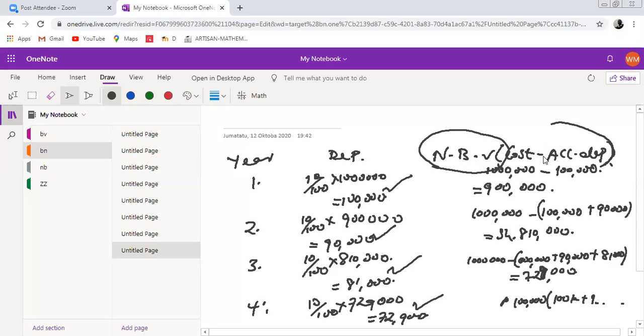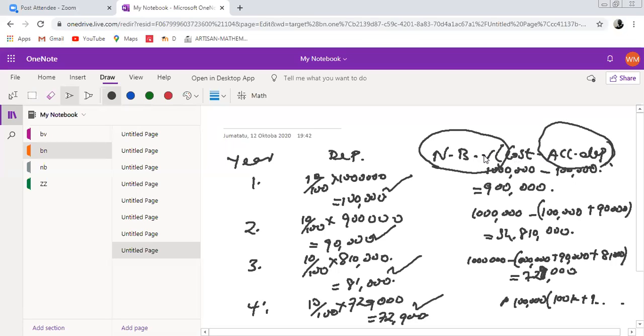Accumulated depreciation here is the total depreciation from the date of acquisition up to the last day of the previous financial year. The total depreciation you subtract from the cost so that you get the net book value.